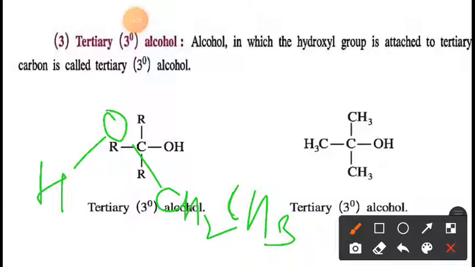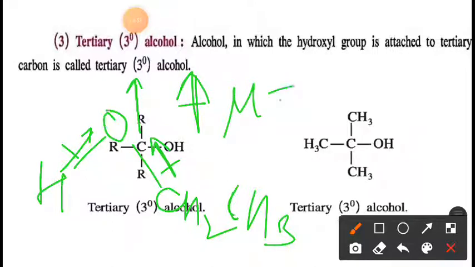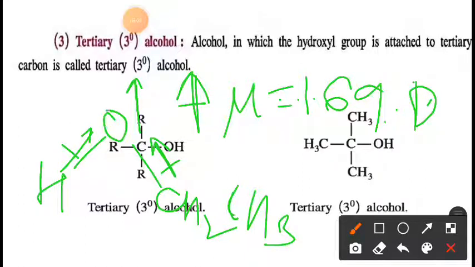So at that time the dipole moment will be where? For this the dipole moment will be here, and for this the dipole moment will be here, and the overall dipole moment will be like this, right? So when we count the dipole moment of this, mu is equal to 1.69 D. Okay, so this is called ethanol.